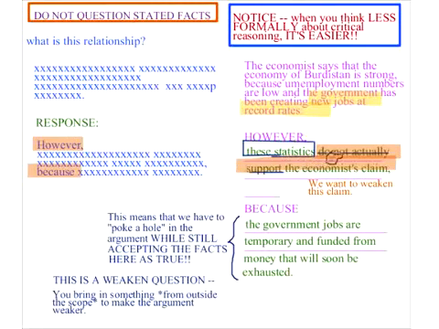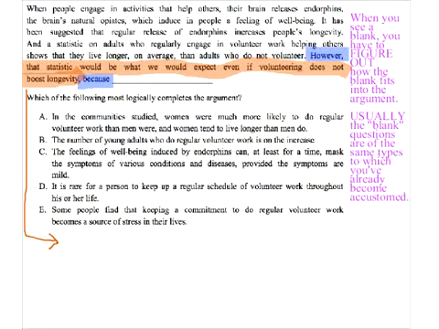These statistics do not actually support the economist's claim. Okay, fine, that's pretty straightforward. I mean, you have a claim and you are going to try to weaken it. That's right out there. Here, on the other hand, we don't have something that says, however, XXXXX is not necessarily true. So we have to do a little bit of inferring here.